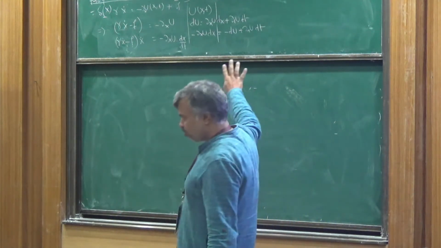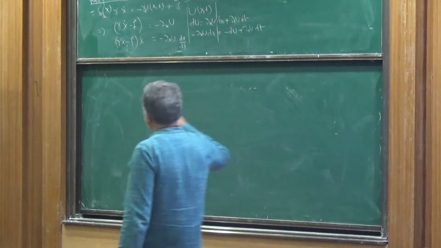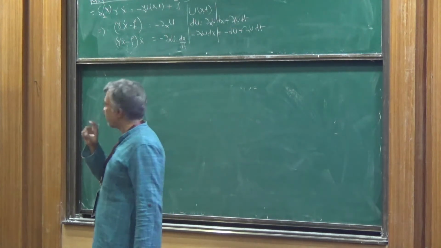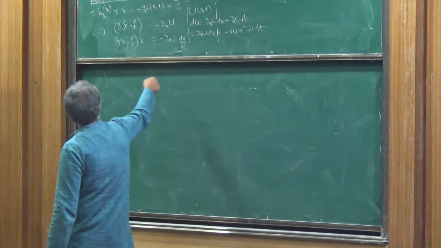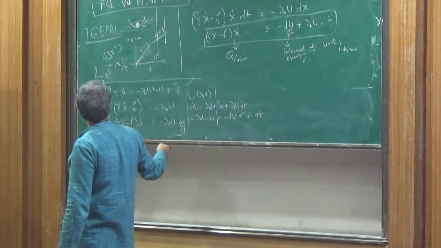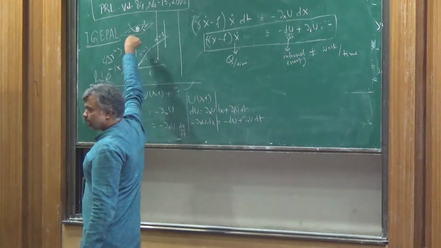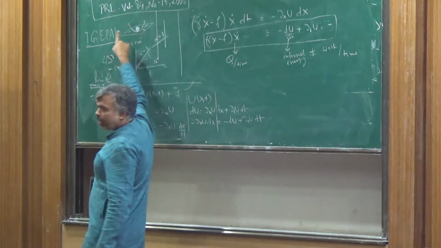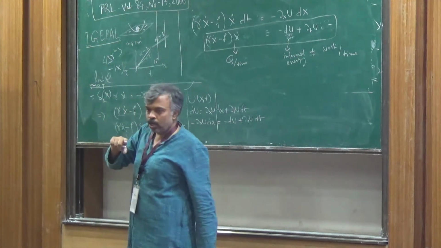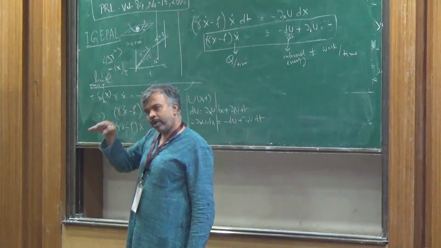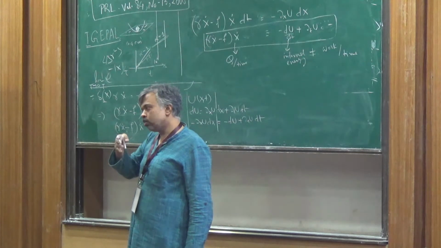So having said this first law, we thought of a kind of experiment. We take this setup, and then we have this trap. We will run it in a cycle: expansion, then compression.